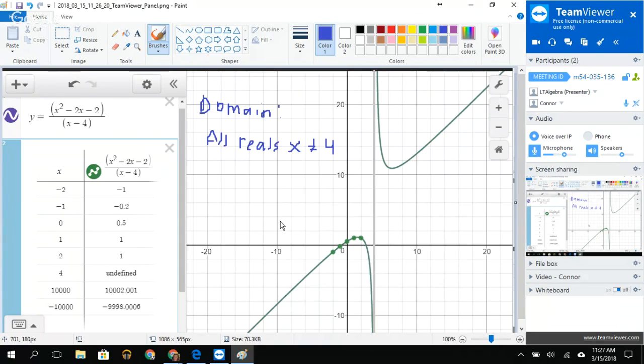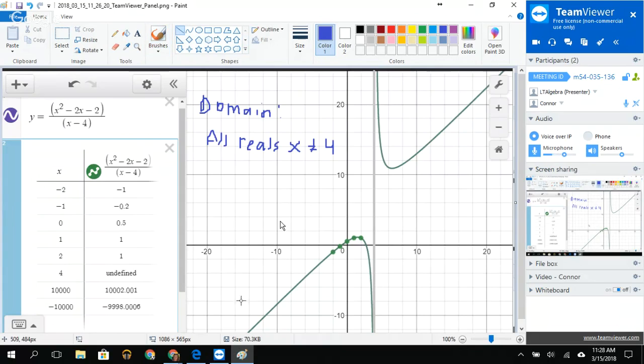Now, range is a little bit more tricky, right? So if you notice here, and we haven't actually done this before, but there actually is an asymptote that's not a horizontal or vertical asymptote to this equation. Let me see if I can draw it.